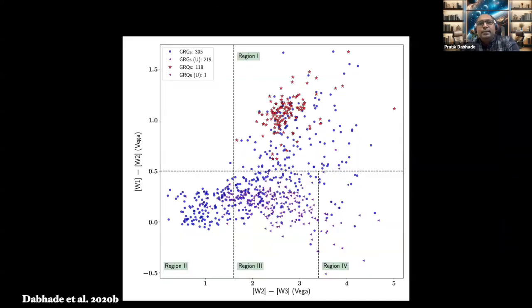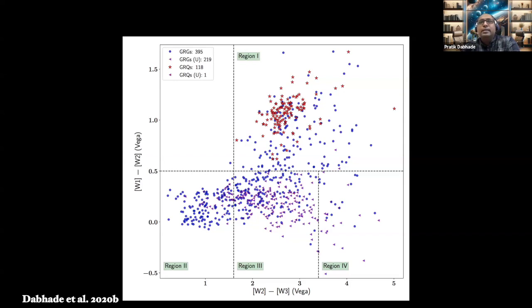Then, since we didn't have spectroscopic data for all of them, but we did have WISE mid-infrared magnitudes, we devised a color diagram analysis, which has been calibrated using spectroscopic data, where various AGN types or star-forming galaxies lie in different parts of this color plot.